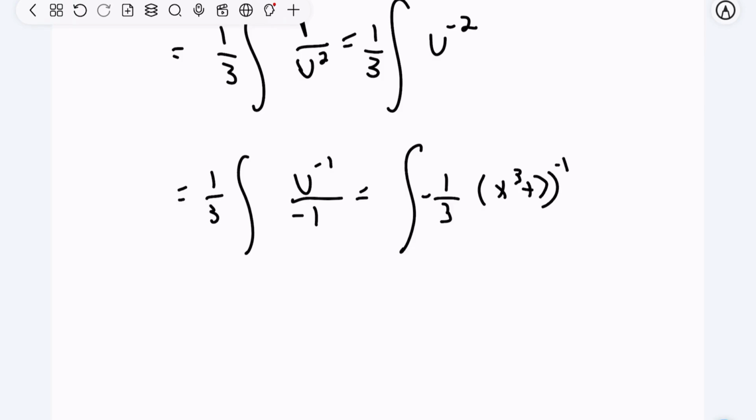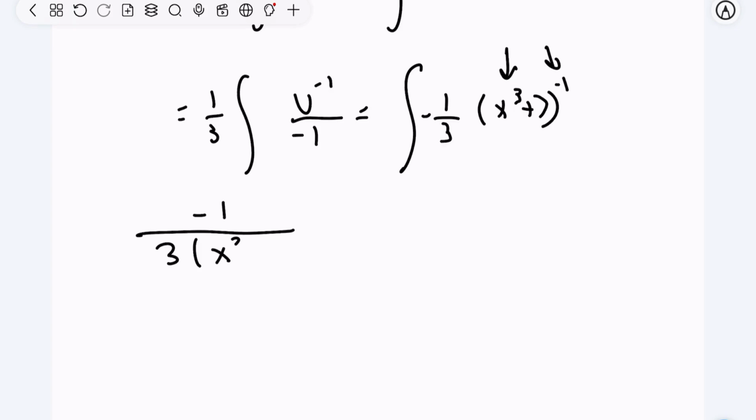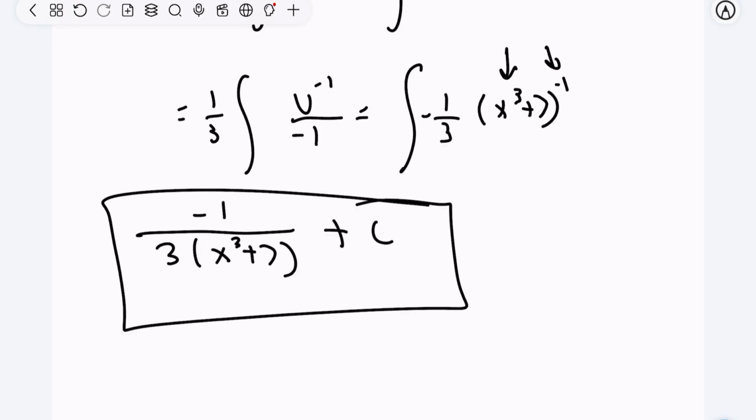Oh yeah, and the negative at the beginning. So that should be, after doing everything, negative 1 over, because we're going to bring this to the bottom since it has a negative exponent, 3 times x cubed plus 7, plus c. And that is your final answer.